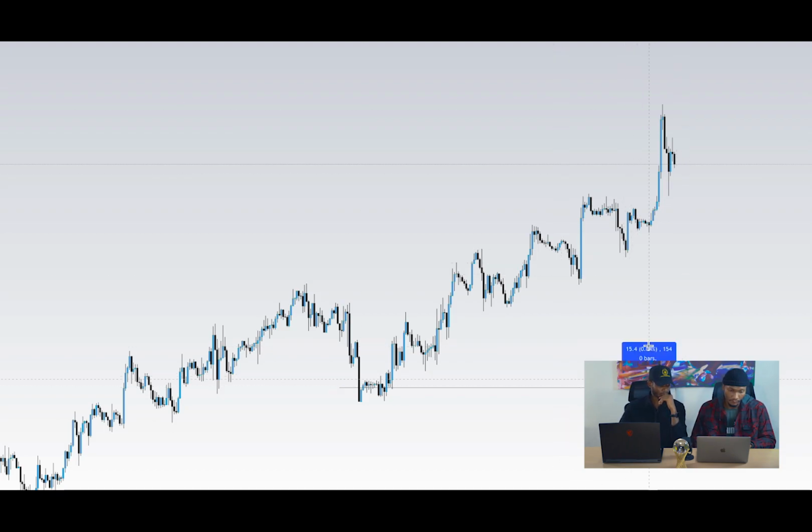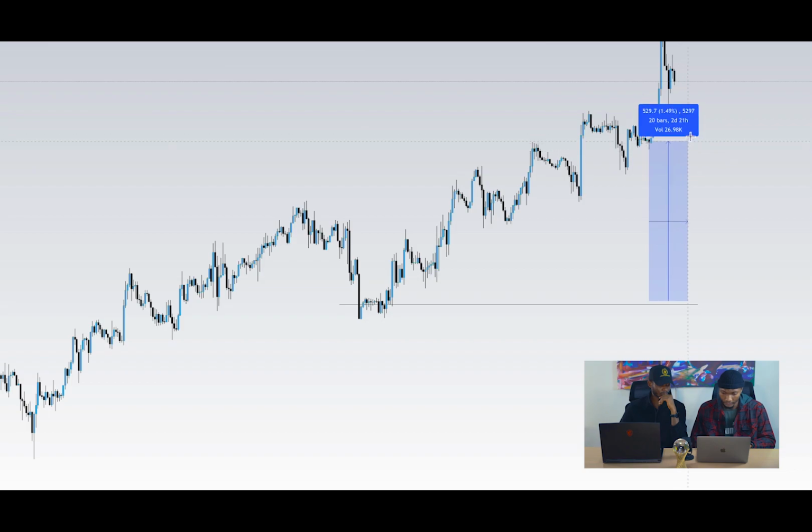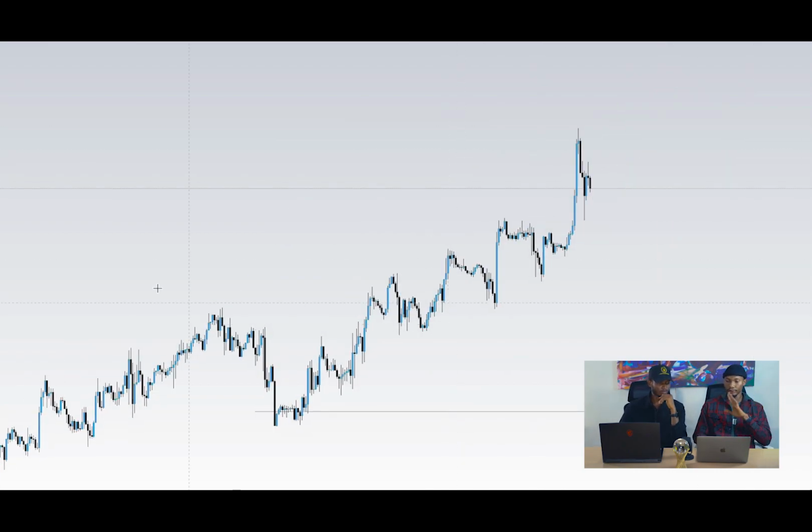The trade was held from here to around this level, which was our take profit. It was a 60 pip move. Just like you explained in the video, we had multiple entries, about two entries.